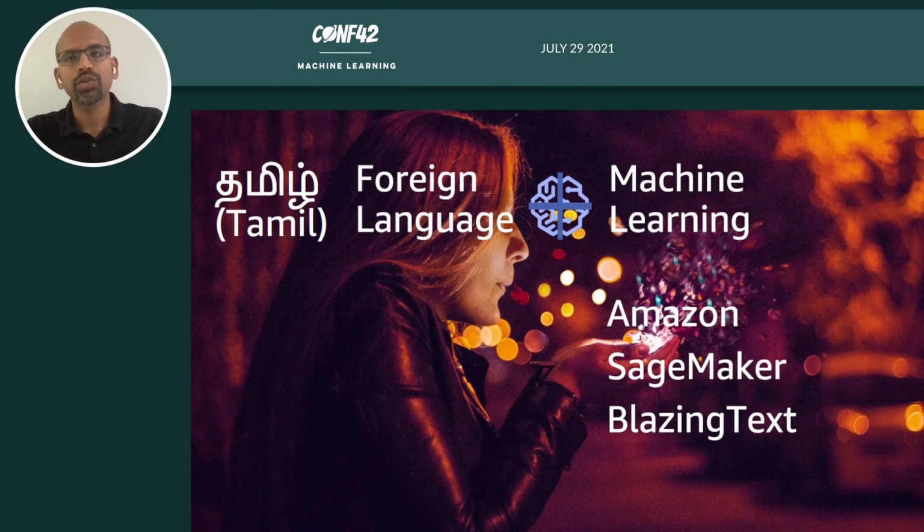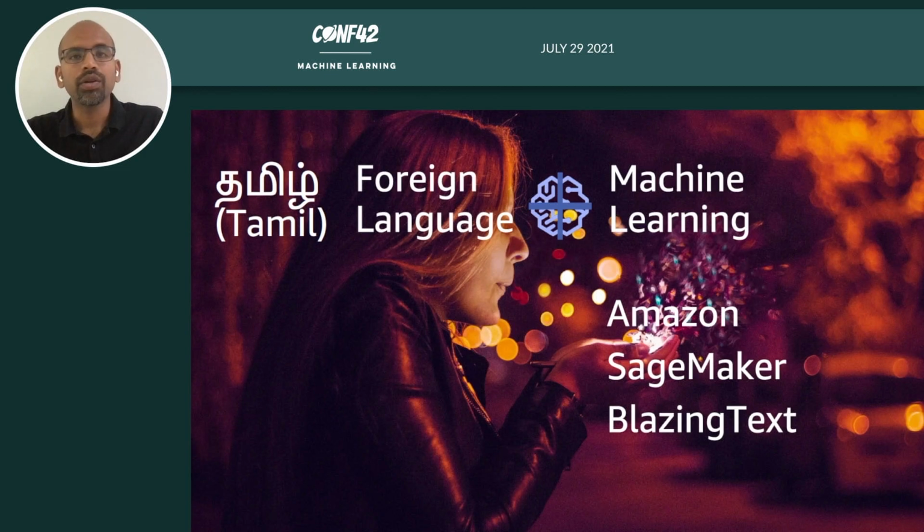The Tamil language is one of the world's longest surviving classical languages, with a history dating back to 300 BC. Tamil is rich in literature and has evolved over thousands of years. The reason I picked it is I'm familiar with this language and I was keen to see whether machine learning was able to figure out the relationship between the words of this language.